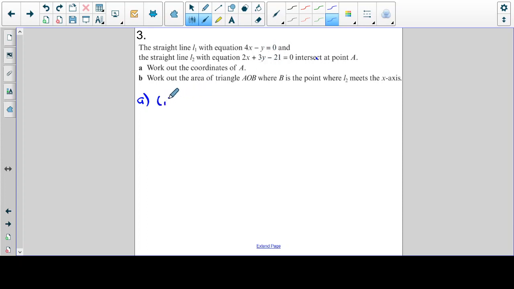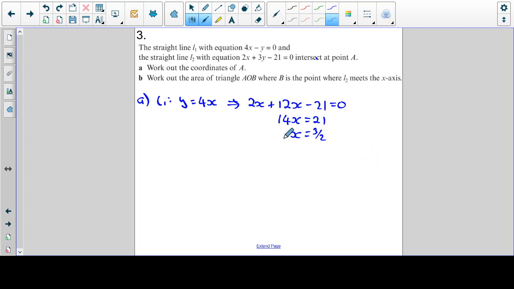So for L1, we would get y equals 4x. So we can replace the y in the second equation by 4x. So 3 lots of 4x is 12x. Minus 21 equals 0. 14x equals 21. x equals 21 over 14 becomes 3 over 2.